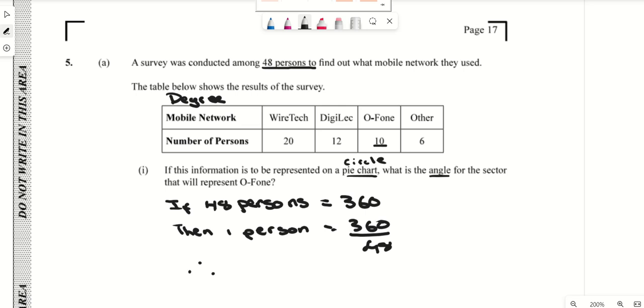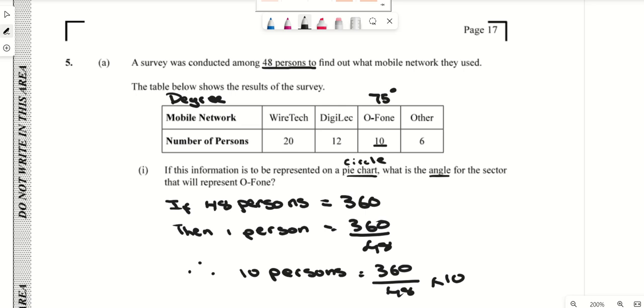Therefore, we're going to find Ophone: 10 persons is equals to 360 divided by 48 multiplied by 10. And when you do this on your calculator, you will find out that Ophones is 75 degrees.